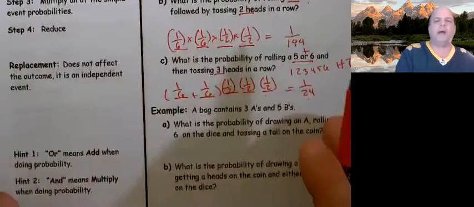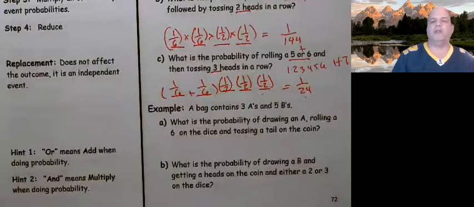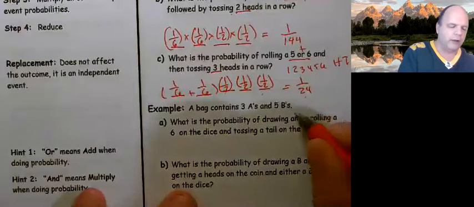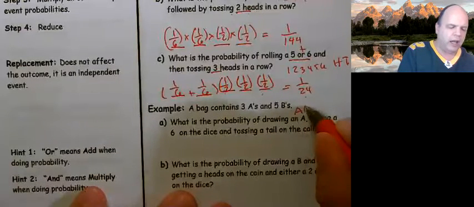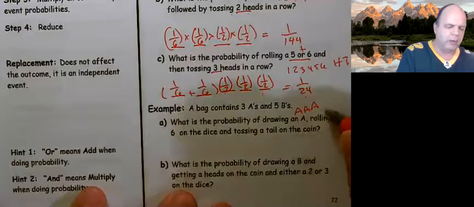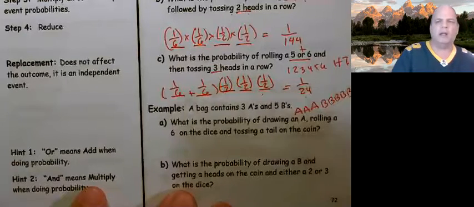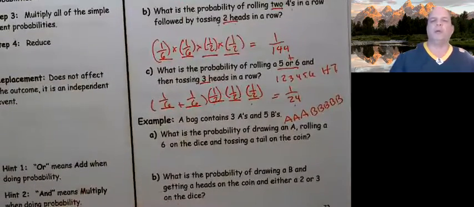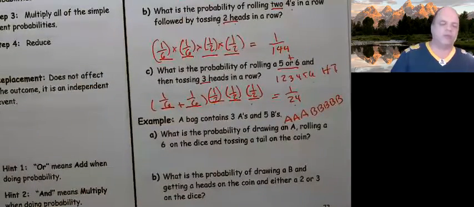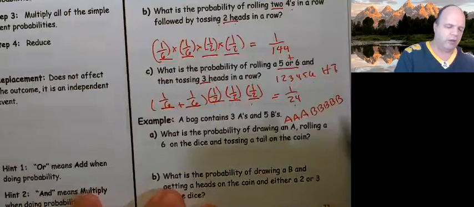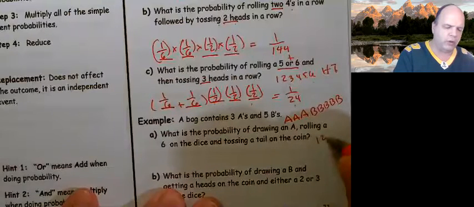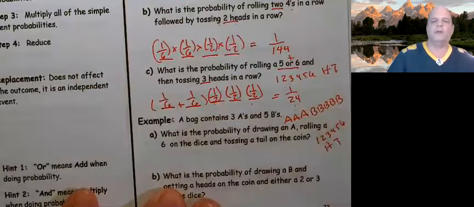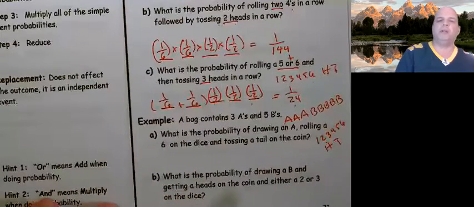All right, so we have a bag that has 3 A's and 5 B's. So this sample space is going to look a little different. We're going to have A, A, A, and then we're going to have B, B, B, B, B. So right there I have my 3 A's and my 5 B's. What's the probability of drawing an A and rolling a 6 and tossing a tail? So I'm also going to have a 1, 2, 3, 4, 5, 6, and a heads and a tails. So what's the probability of drawing an A?